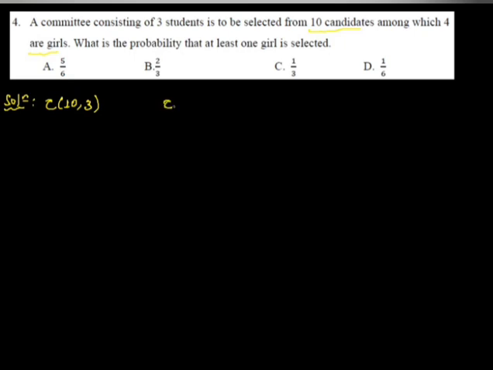So out of these 4 girls, at least 1 girl will be selected. If we take 1 girl out of these 4, the rest 2 will be from boys. The other option is, at least 1 girl means you can have the right to select 2 girls by selecting only 1 boy.